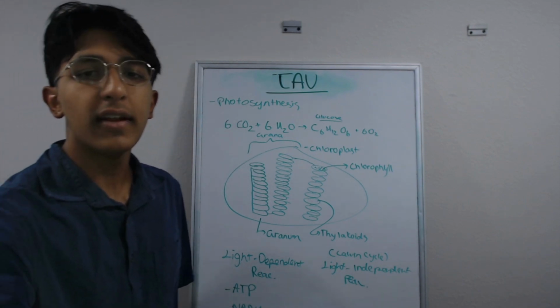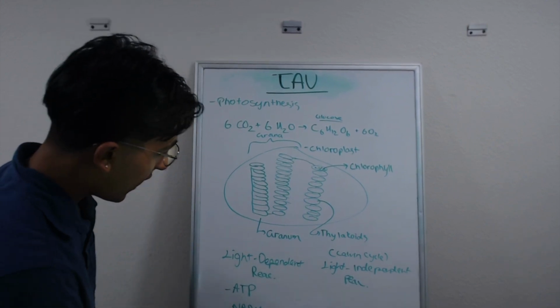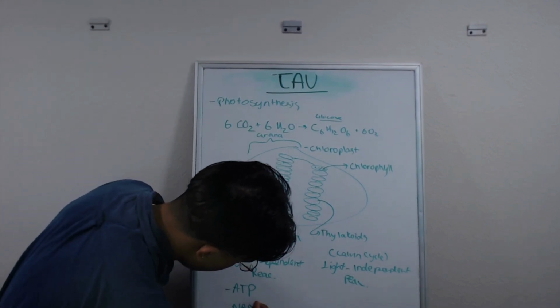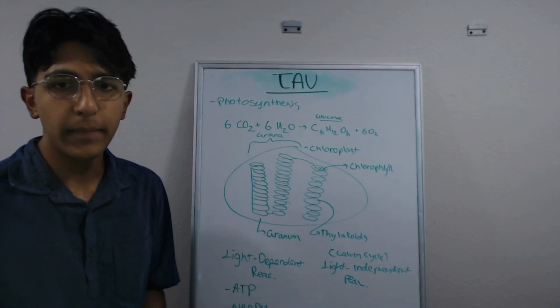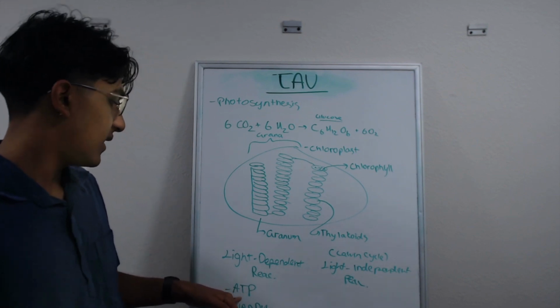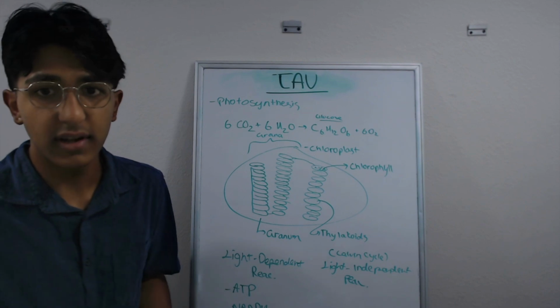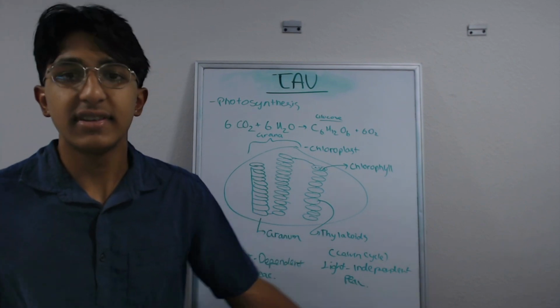So you might be wondering, what is this ATP and NADPH? Don't worry about these acronyms for now. Just know that ATP is a type of molecule. You might remember learning about molecules. ATP is a type of molecule that transfers energy.